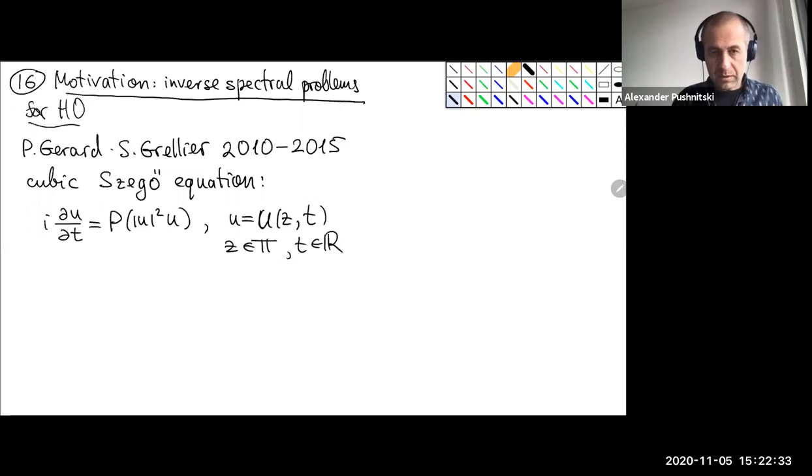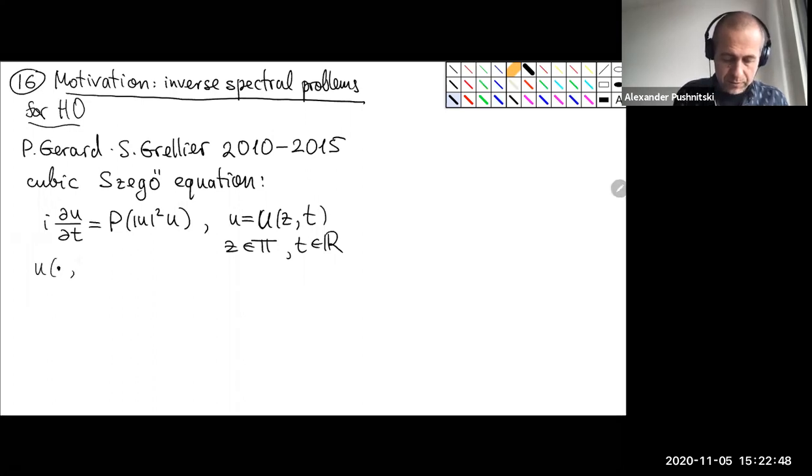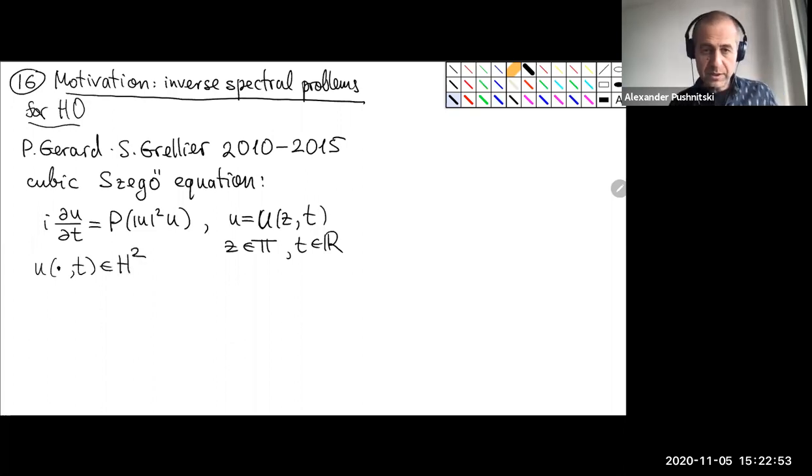So this is a nonlinear evolution equation, and they used it as a certain model for totally non-dispersive evolution equations. So here u for each t is an element of the Hardy class, and P is our usual projection onto the Hardy class.